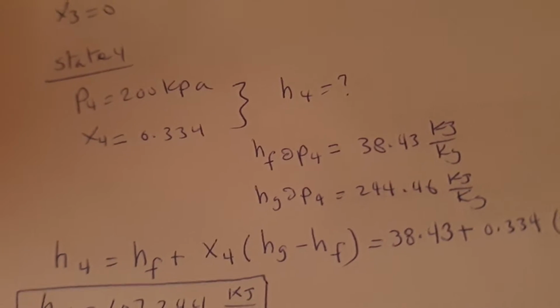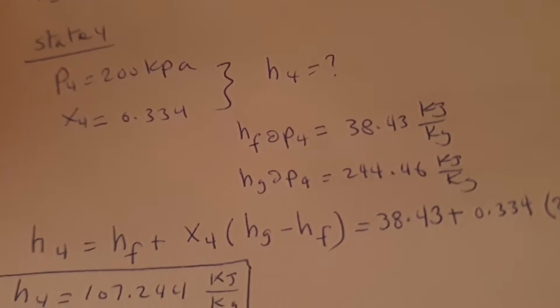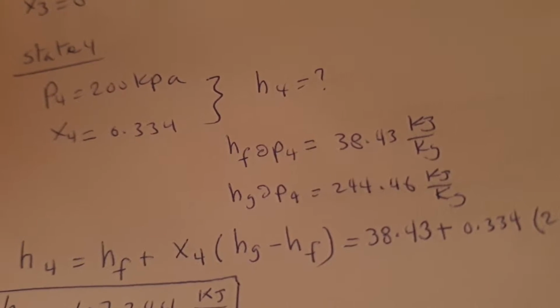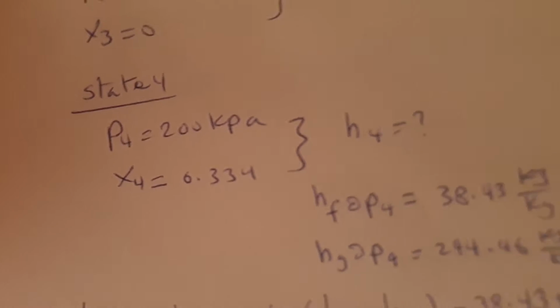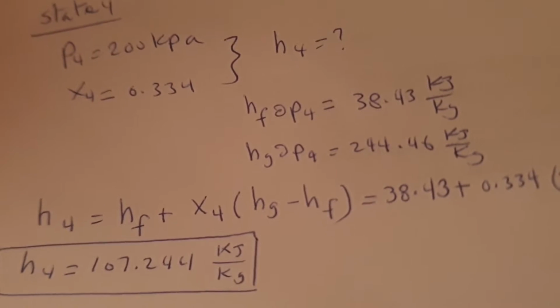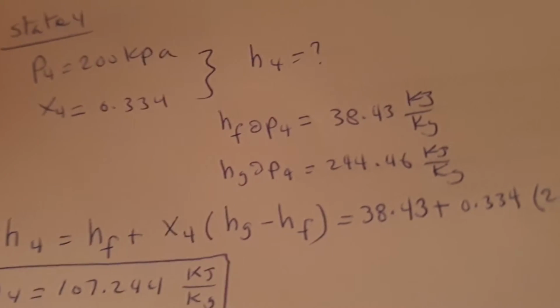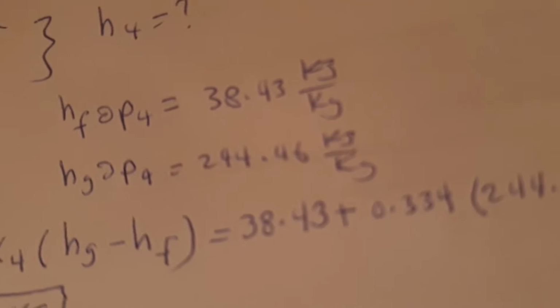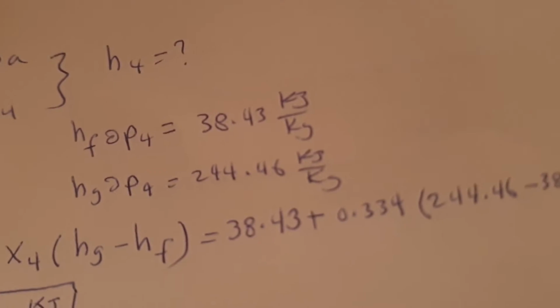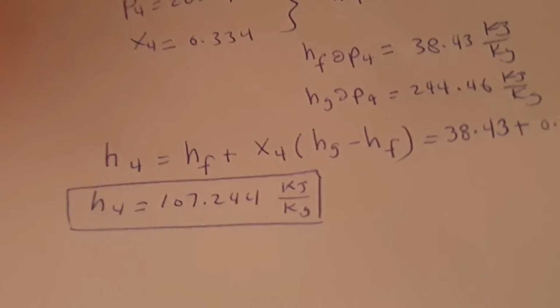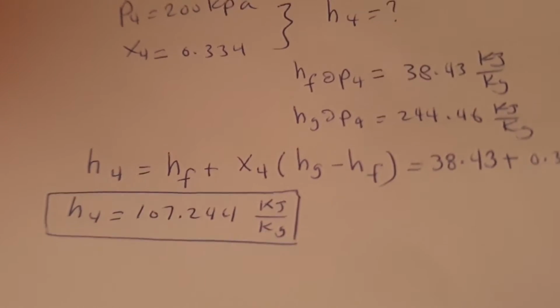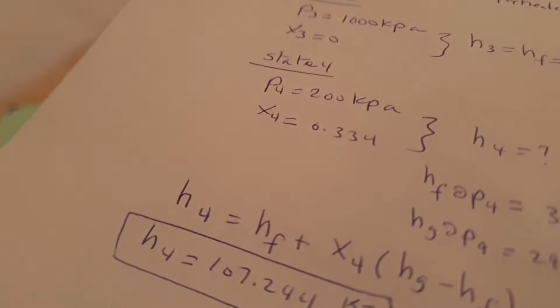Now from this you could find H4. H4 is equal to HF, 38.43, plus X4, which is 0.334, that's what's given in the table, times H gas minus HF, 244.46 minus 38.43. You'll end up with H4 of 107.244 kilojoule per kilogram.